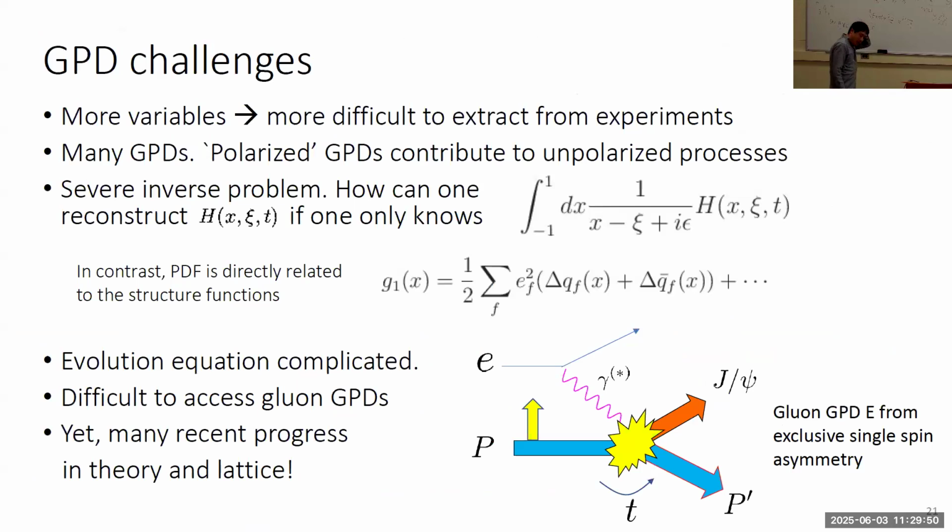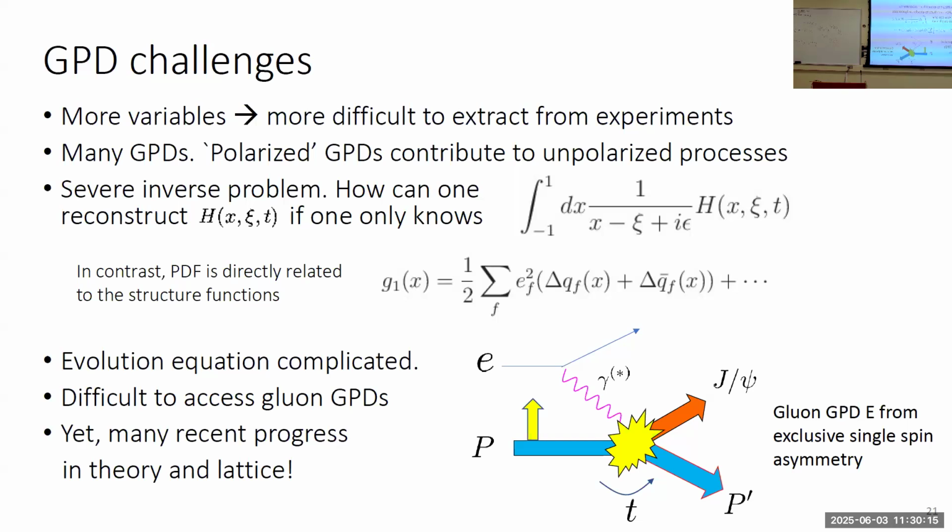This is just the leading order, but if you go to higher order and try to make a connection to phenomenology, then lots of things happen. That's why the GPD field is so rich and so complicated, and there are lots of activities in the EIC community. GPD is a very difficult object to deal with.